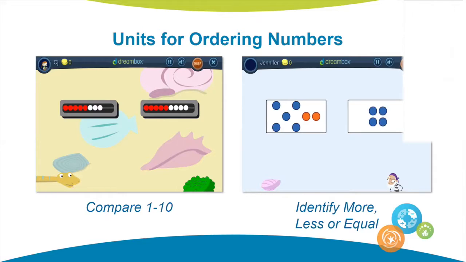We've got those nice visuals, and when they work with them, the audio directions ask them to find which one is more or which one is less. In the second item on the right-hand side, we ask them to tell us which ones are equal. These are the very introductory lessons.